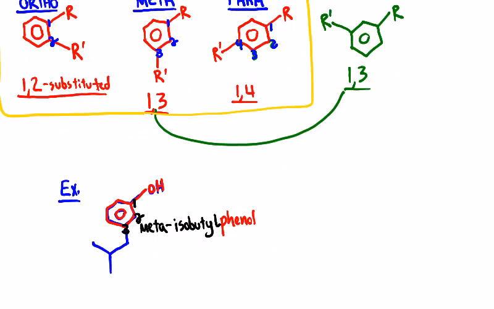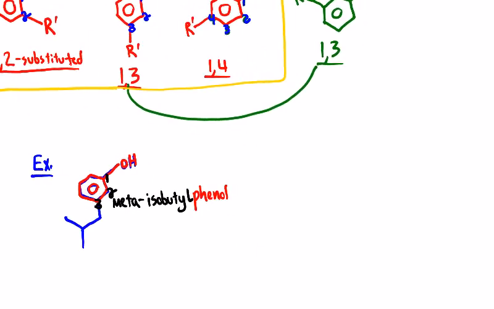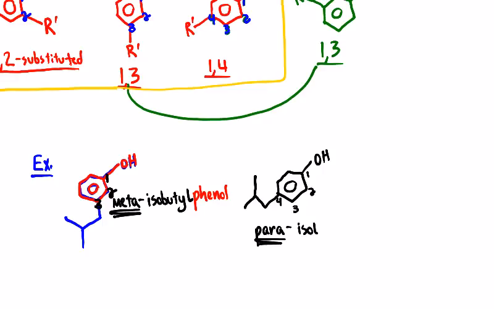A constitutional isomer of that would be if we had still our phenol group there, but rather than at position 3, say we had our isobutyl group at position 4. 1, 2, 3, 4. Now we'd refer to this, rather than as being the meta constitutional isomer, we'd refer to this as the para constitutional isomer. So everything about the name would be the same here except para instead of meta. So para isobutyl phenol as the name.